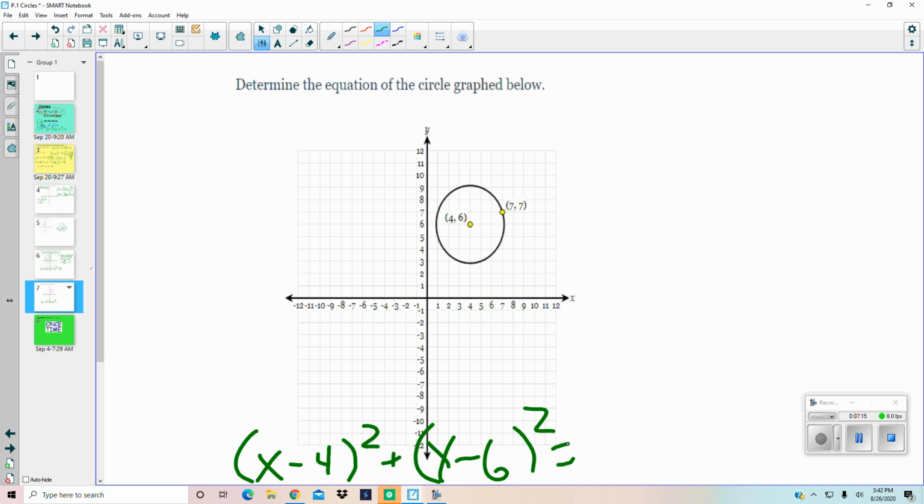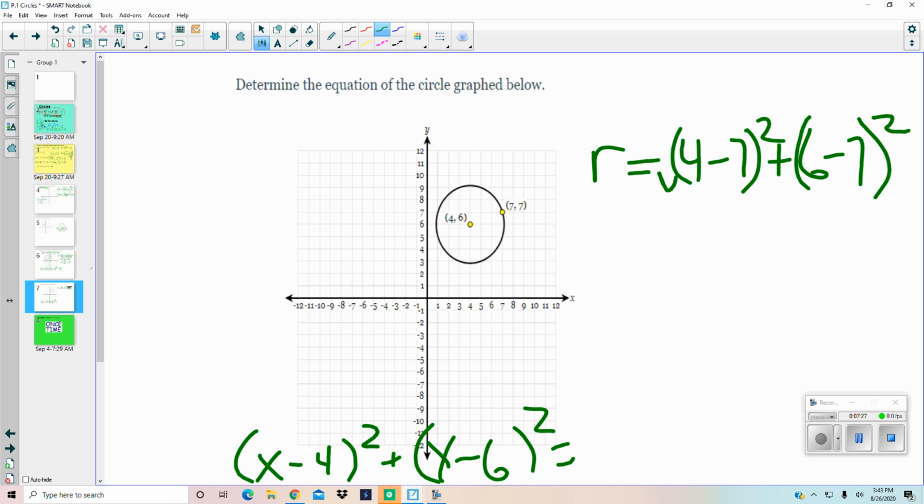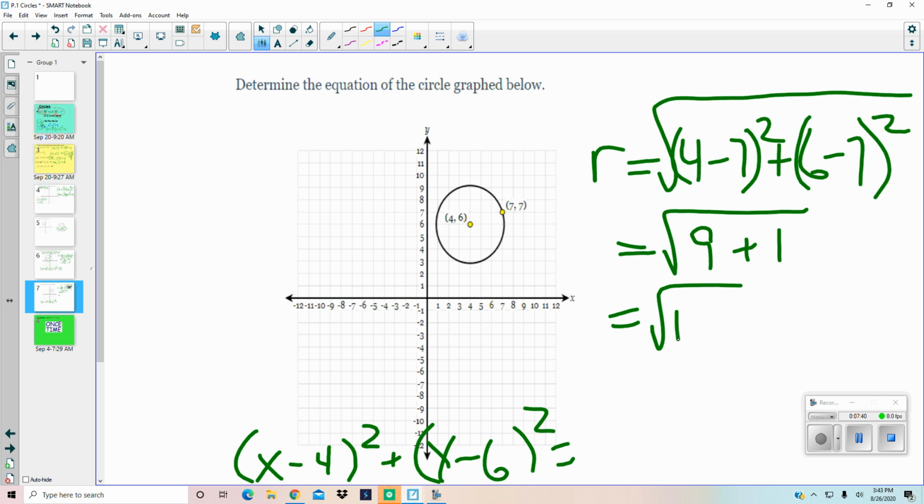I just don't know my radius yet, so I have to do the distance formula: the square root of (4 - 7)² + (6 - 7)². 4 minus 7 is -3, squared is 9. 6 minus 7 is -1, squared is 1. So I get the square root of 10, and squaring that gives 10. So there's my equation.